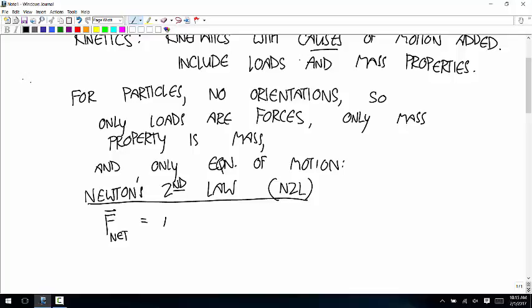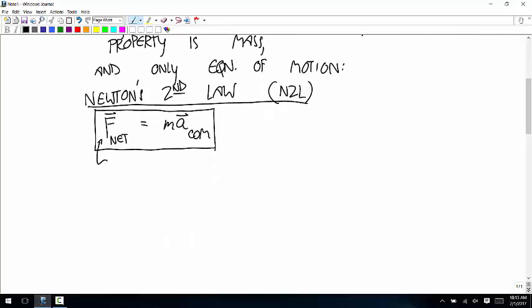That's equal to the mass of the object times the acceleration of its center of mass. So this F net is the sum of all forces acting on the chosen object.